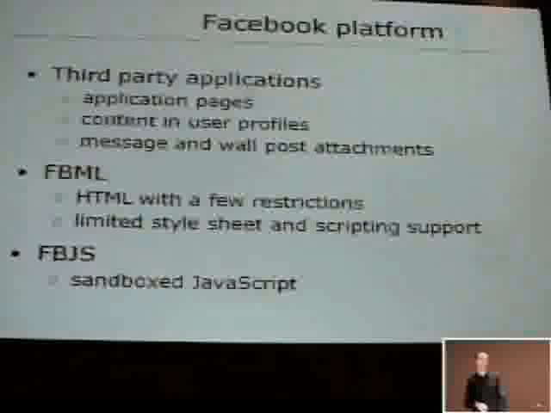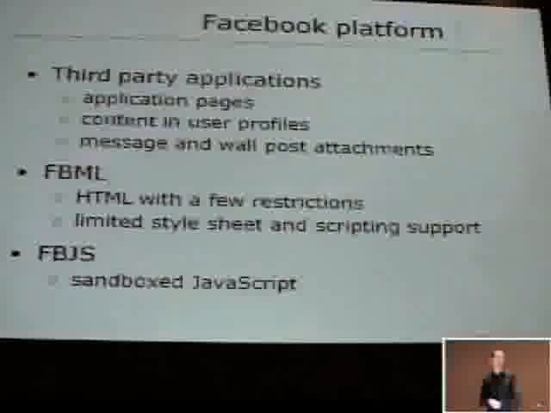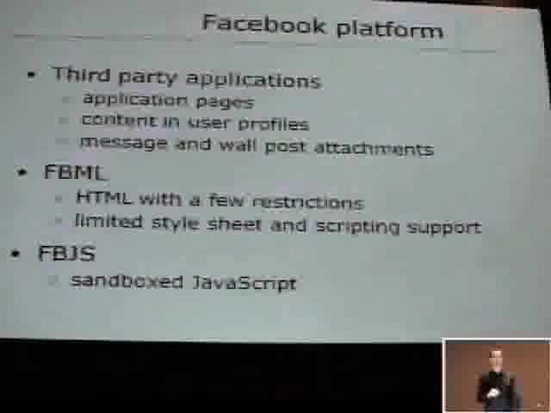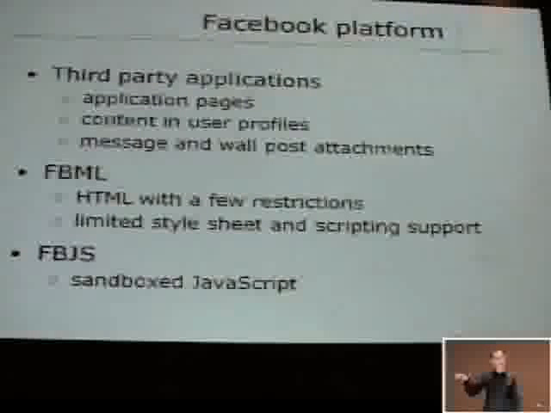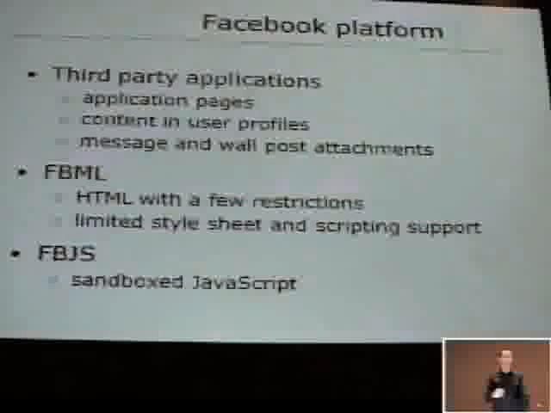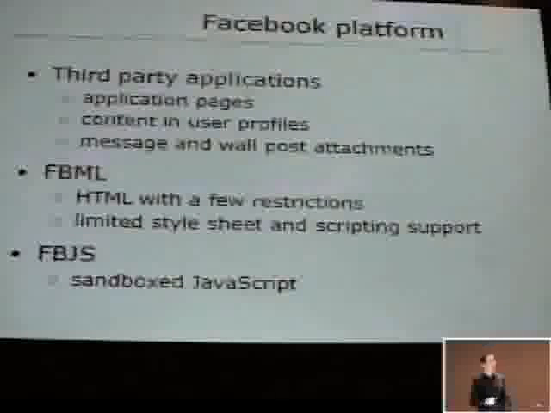Most of the apps are pretty stupid, but that doesn't make the platform any less interesting for reversing. So applications have the ability to add content to user profiles. If you want to do a worm, perhaps adding content to the user profiles and finding a cross-site scripting bug in that functionality would be the way to go, because then everybody who looks at the profile will get infected by the worm.